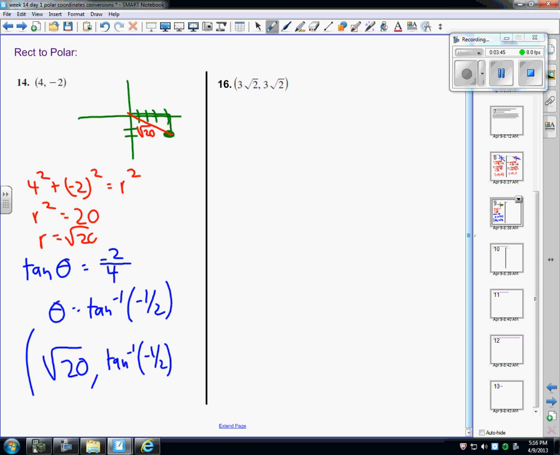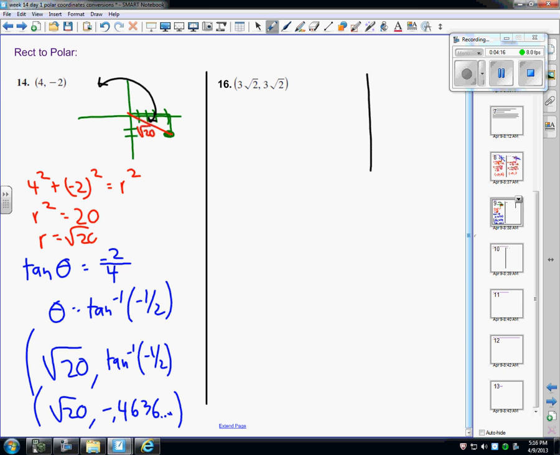Just to check it, I'm kind of curious here. Inverse tangent of -1/2 is -0.4636. So this gets you square root of 20, comma, -0.4636. That's fine. We always go counterclockwise, but in this case, if it's negative, so I know counterclockwise goes this way, but if it's a negative angle, that tucks me in to that spot right there. So it does work because of the negative angle.